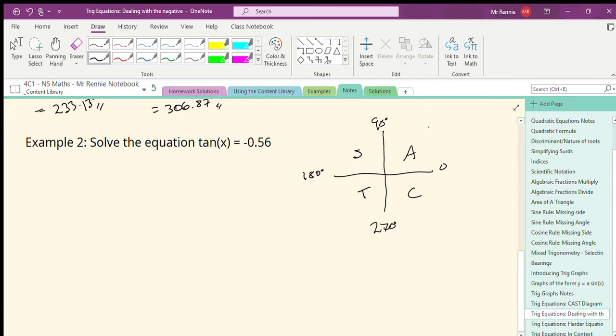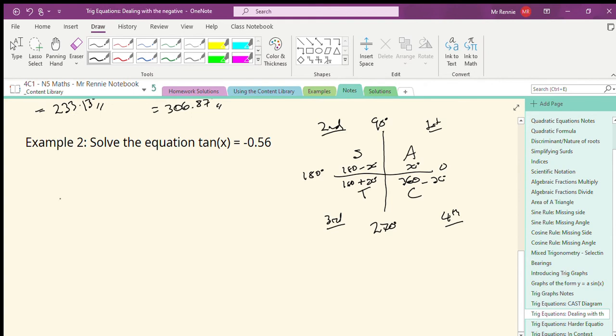That's my first quadrant, my second, my third down here, and my fourth. Let's add in the rules: first quadrant is just x, second quadrant is 180 minus x, third quadrant is 180 plus x, fourth quadrant is 360 minus x. Those are my rules there.